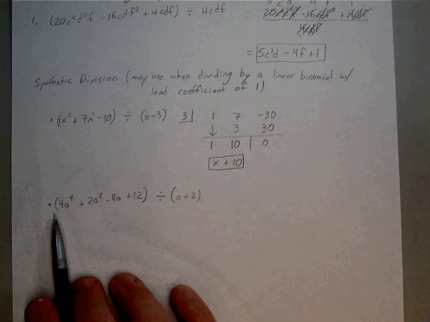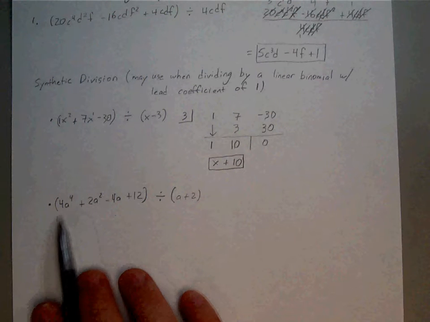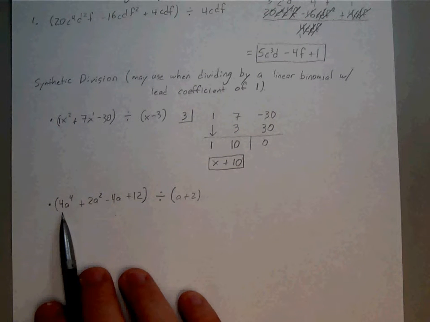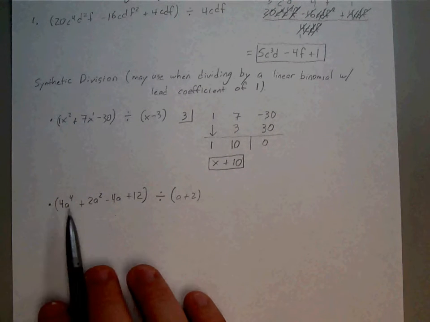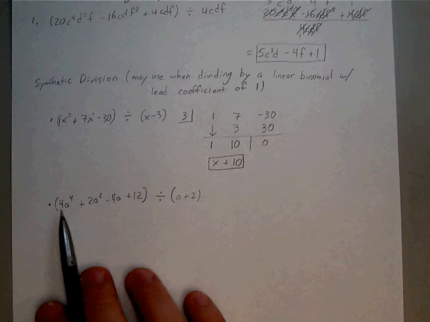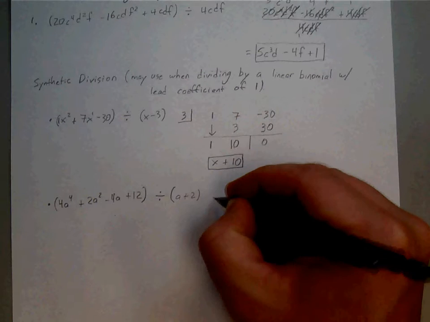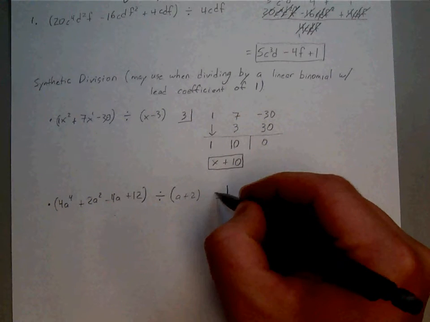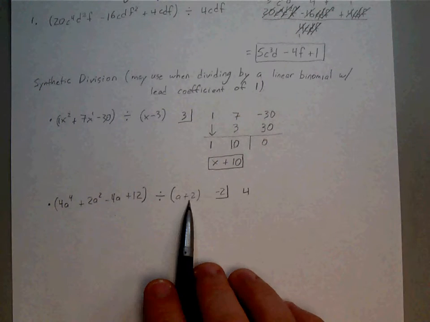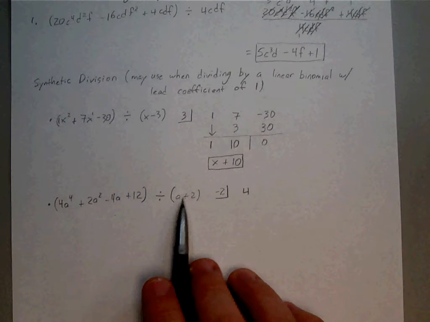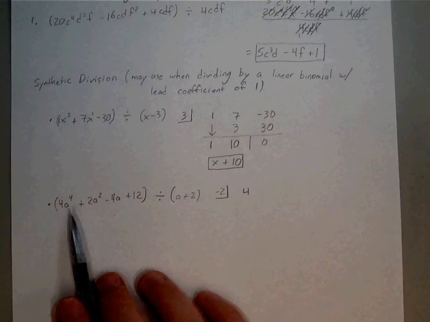So take the coefficients here. This is the dividend, the coefficients of the dividend. We got 4 initially. Got a little half box out front. We know it's going to be a negative 2 there because we're dividing. The divisor is a plus 2, so we take the opposite sign, negative 2. But back to our coefficients, 4.